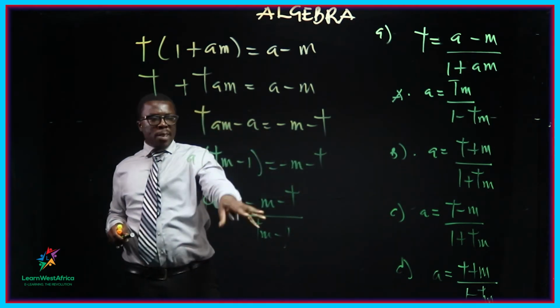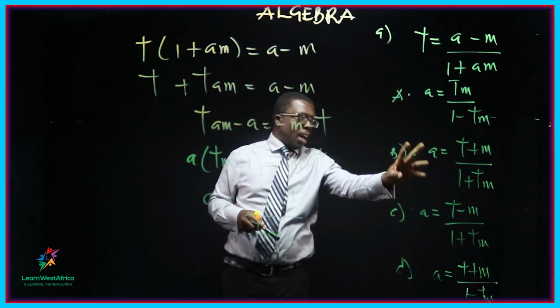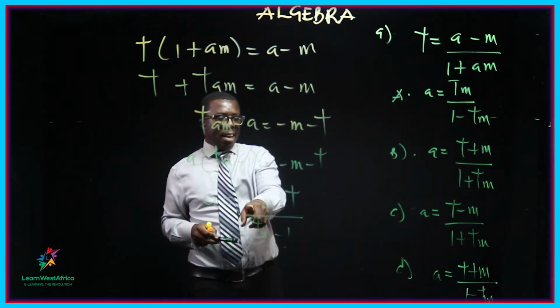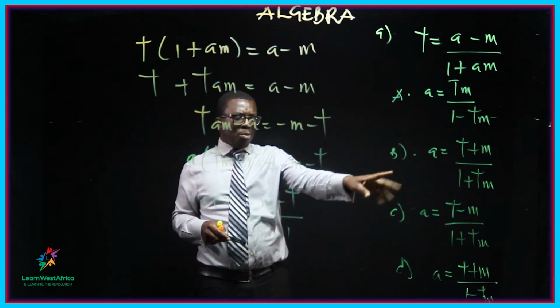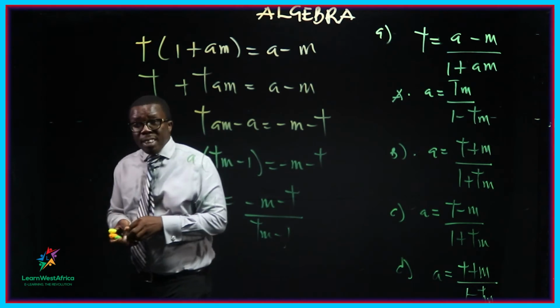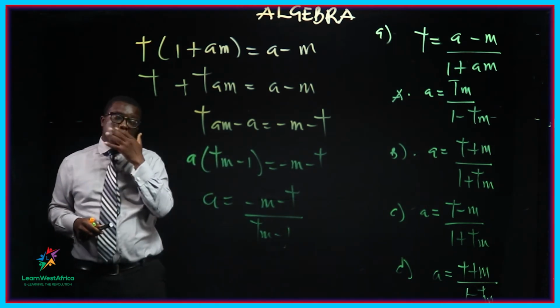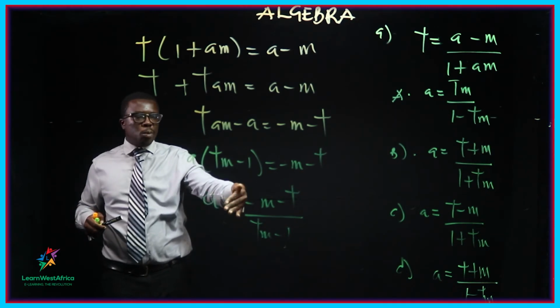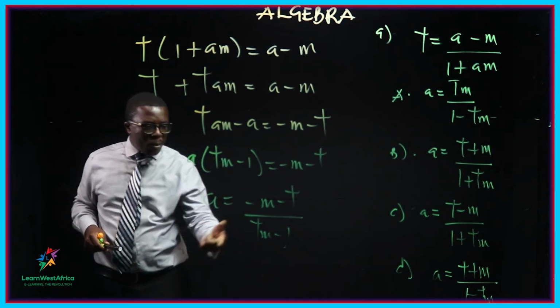The negative at the top doesn't look familiar in the options: minus m minus t. There's a very important technique, factoring out the negative, for rational simplification. So how do we factor out the negative?